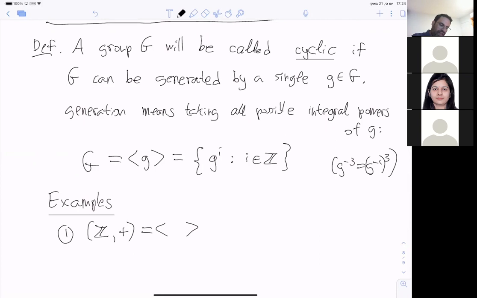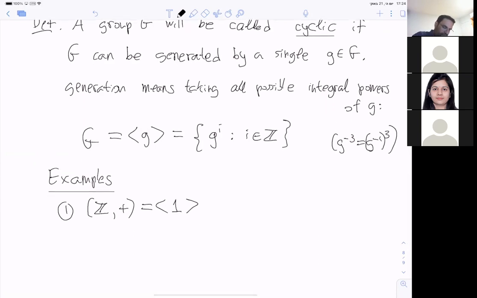I claim that the number 1 is the generator. Why? What is 1 to the power of 5? I remind you that taking the power is not multiplication; it is with respect to the operation here. So 1 to the power of 5 is 1 plus 1 plus 1 plus 1 plus 1, it's 5. So it is clear how we can represent all elements here as some power of 1.